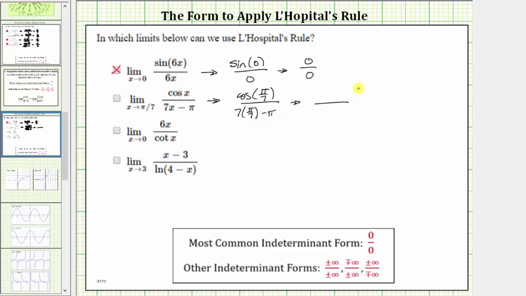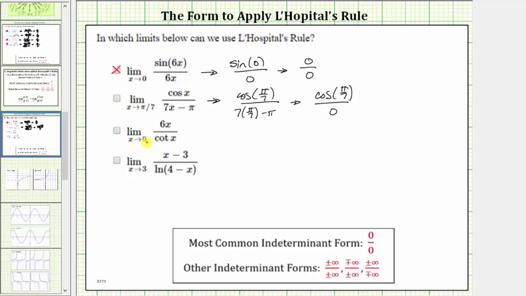Looking at the denominator, 7 times pi over 7 is pi, minus pi is 0. But now looking at the numerator, cosine pi over 7 does not approach 0. It's approximately equal to 0.9, and therefore this limit approaches cosine pi over 7 divided by 0, which is not one of the indeterminate forms, and therefore L'Hopital's rule does not apply to this limit.